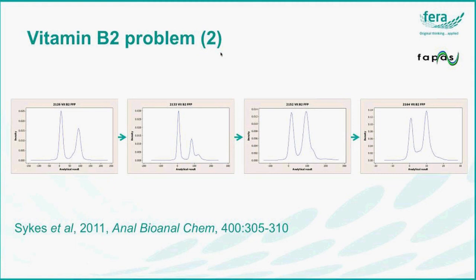If we look at the trend of the charts from left to right, we can see that over the years and successive proficiency tests, participants have learned from the outcome of these PTs. So by the time we get to PT 2164, more participants are using the correct double process for the method than participants only using the simple method. And in fact, more recent PTs show a unimodal distribution where all participants are now correctly using the complete method.